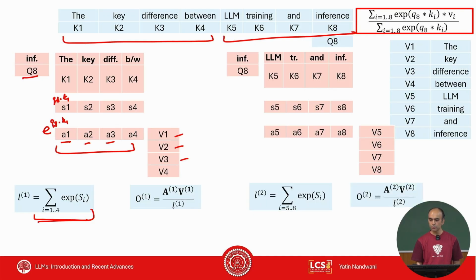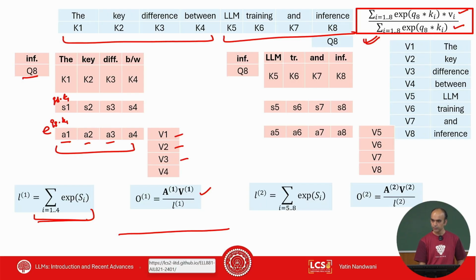Now how should we combine these two to get this expression? Come on, let's do it together. Tell me. These are the vectors. In the numerator we have a vector, and in the denominator we have a scalar, right? What is the denominator? Let's first get the denominator. The denominator is the sum over all the keys of the similarity of the query with the keys, right?